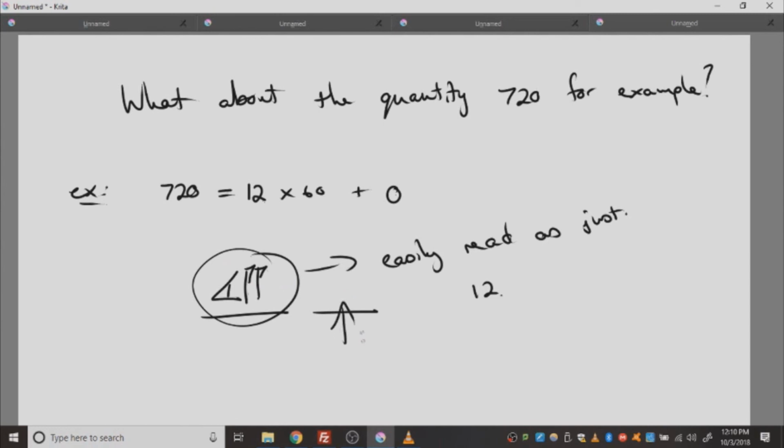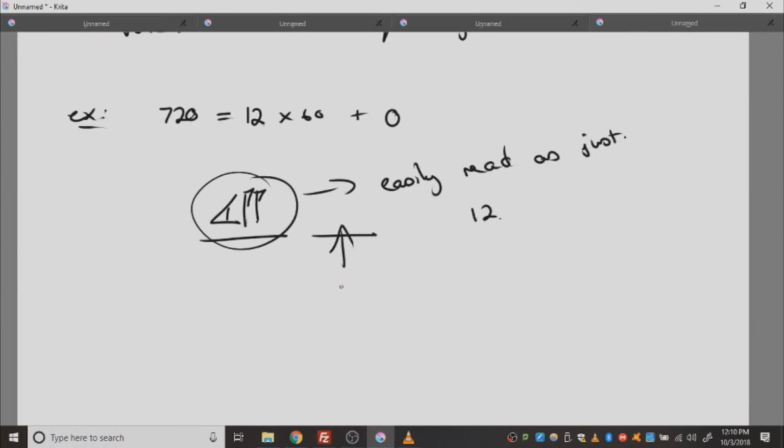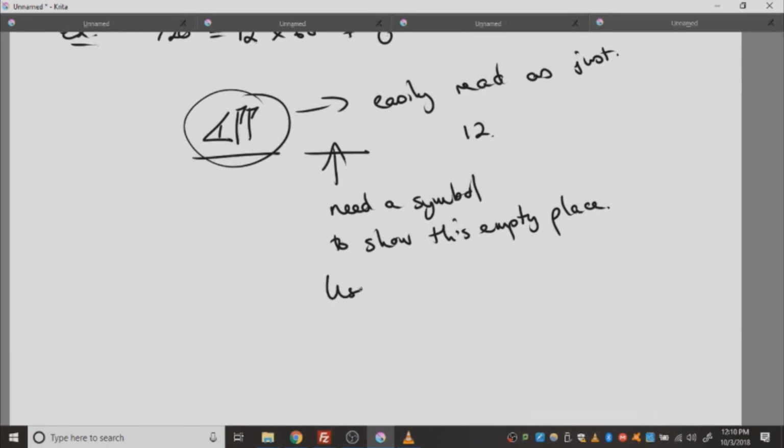There has to be a nothing symbol. There has to be a symbol to show this empty place. So yeah, I'm jumping the gun a little bit, but they decided on 2 little triangles.